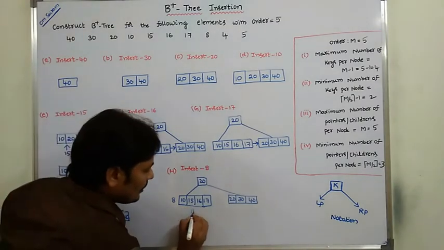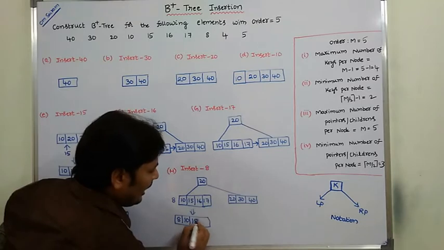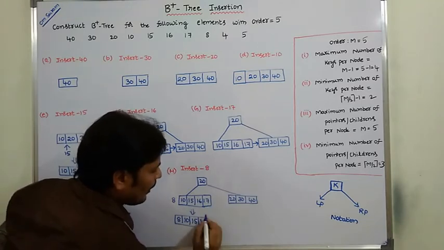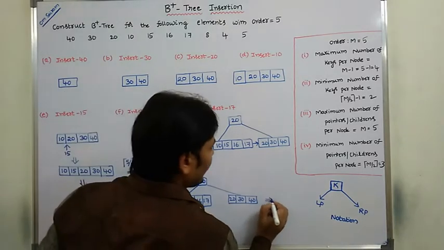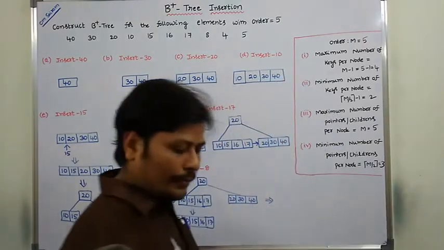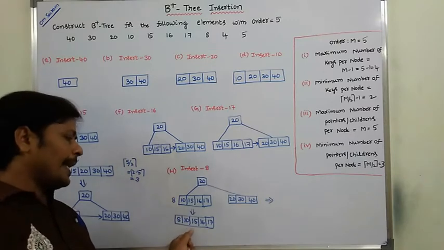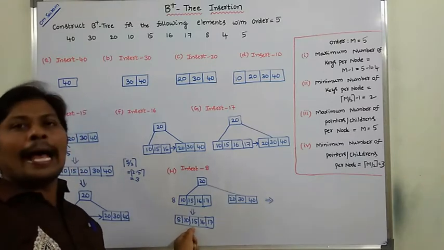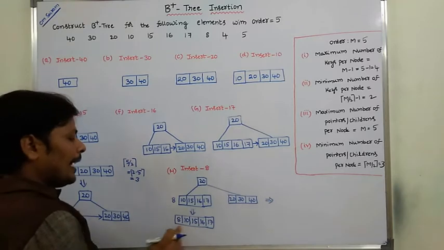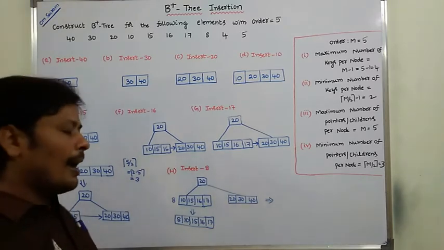After performing the splitting operation at the middle element, that is 15, now 15 can be taken as parent. 15's left children are 8 and 10 and 15's right children are 16 and 17.